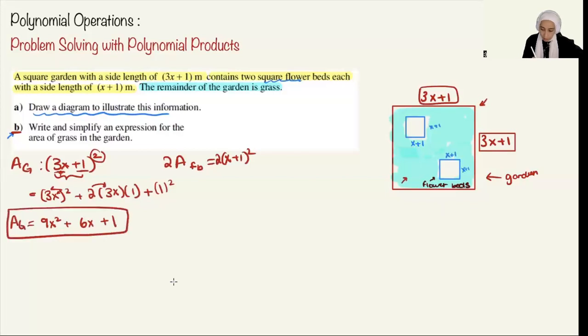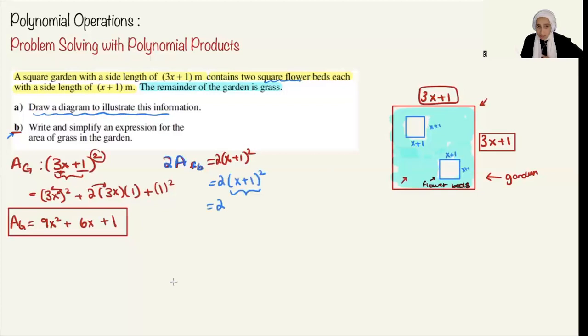Now let's have a look at the area of each of those flower beds inside. So if I were to simplify this, to get the area of one flower bed of the 2 flower beds, I just go 2 multiplied by x plus 1 all squared. And what happens here is the same thing. I keep this 2 and I expand this.